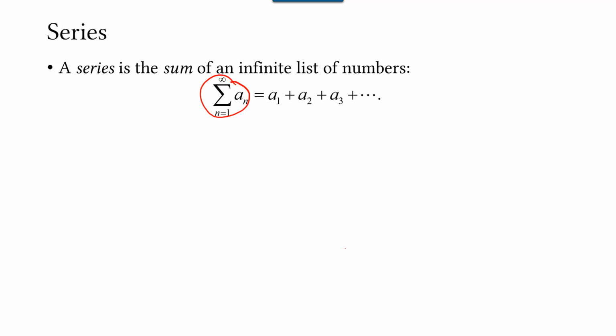So the series n equals 1 to infinity of a sub n would be the first term in the series, a sub 1, plus the next, a sub 2, plus a sub 3, then a sub 4, and so on. And that process doesn't end. Now, we are typically not used to adding up infinitely many numbers. We're pretty good at adding up finitely many numbers. So we should expect that it may be a little difficult to start making sense of adding up an infinite list of numbers.